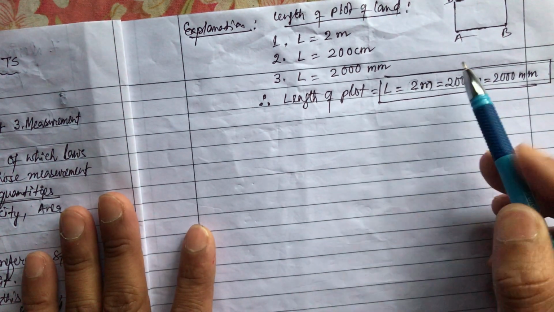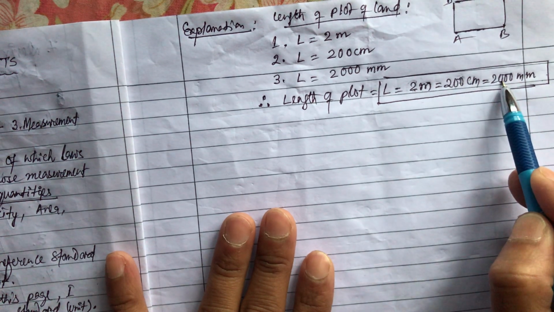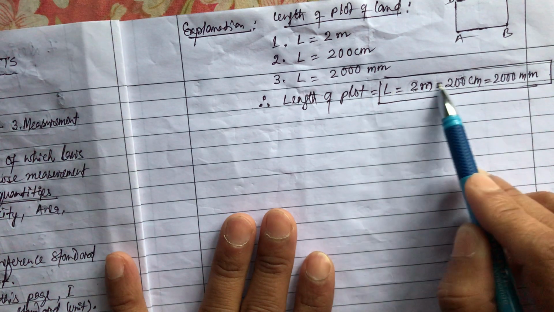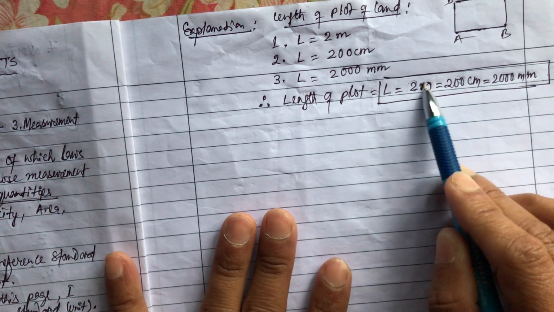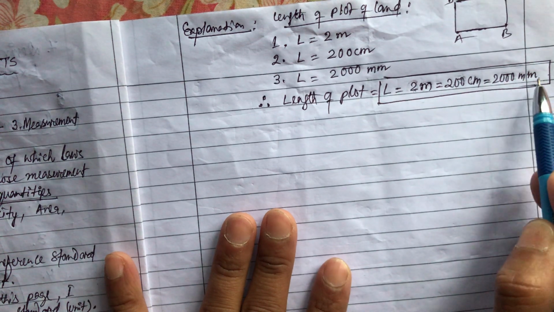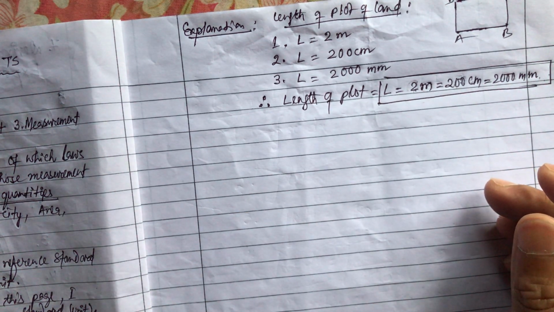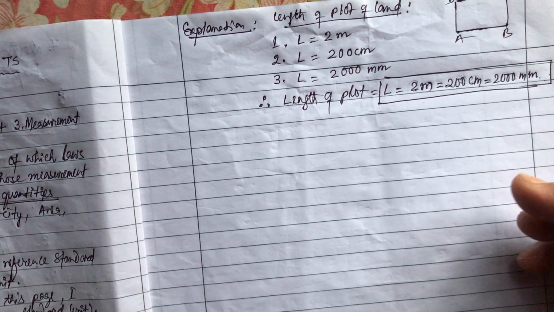But if you see the numerical part, 2, 200 and 2000, the numerical value is in increasing order. So what does it mean? It means that the numerical value and unit of any physical quantity are inversely proportional.